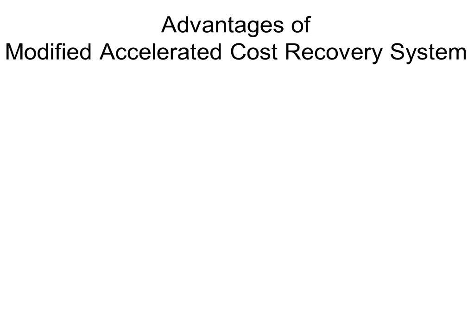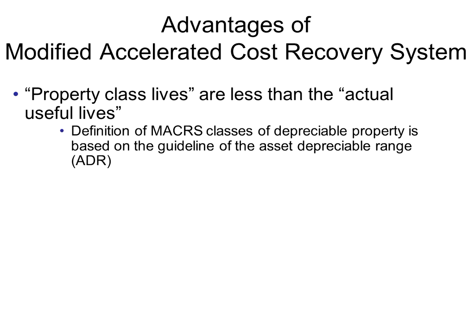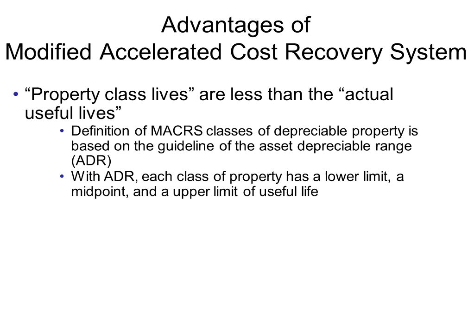So what are the advantages of the modified accelerated cost recovery system, the system that was introduced in 1986? Well, first of all, the property class lives are less than the actual useful lives of the assets. The definition of MACRS classes of depreciable property is based on the guidelines of the Asset Depreciable Range, or ADR.